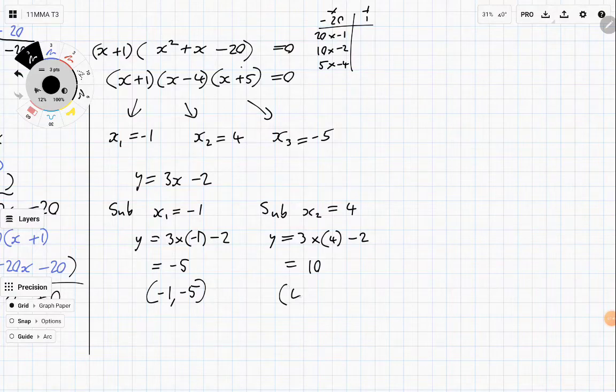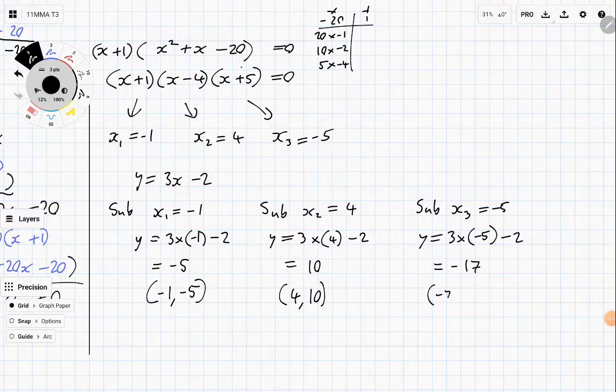So my second point should be 4, 10. And my last solution, based on x3, I get y is equal to 3 times negative 5 minus 2, which is negative 17. So negative 5, negative 17.